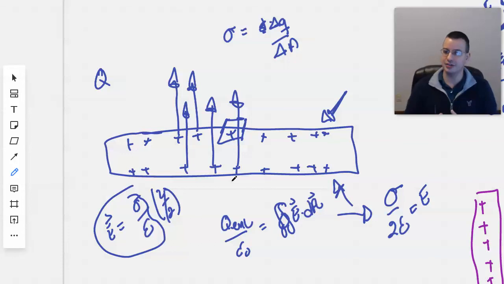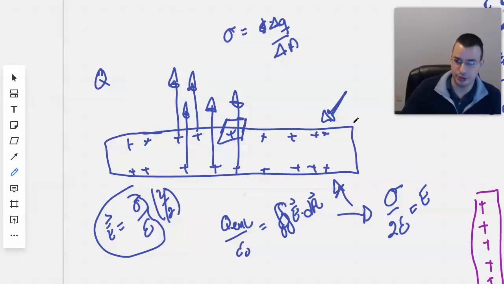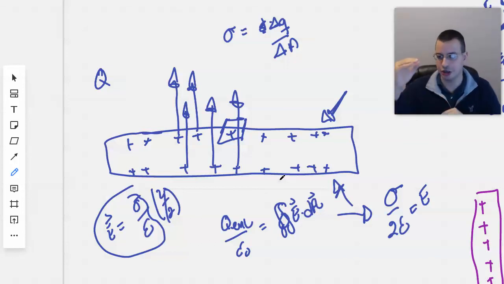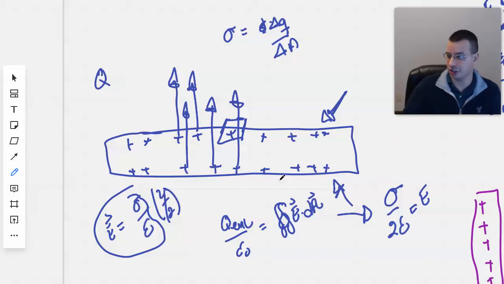It's as if you're talking about two planes of electrical charges, one on top of each other, and they reinforce each other through superposition. And that's because in a conductor, all the excess charges are going to migrate to the outer surface area of your shape.